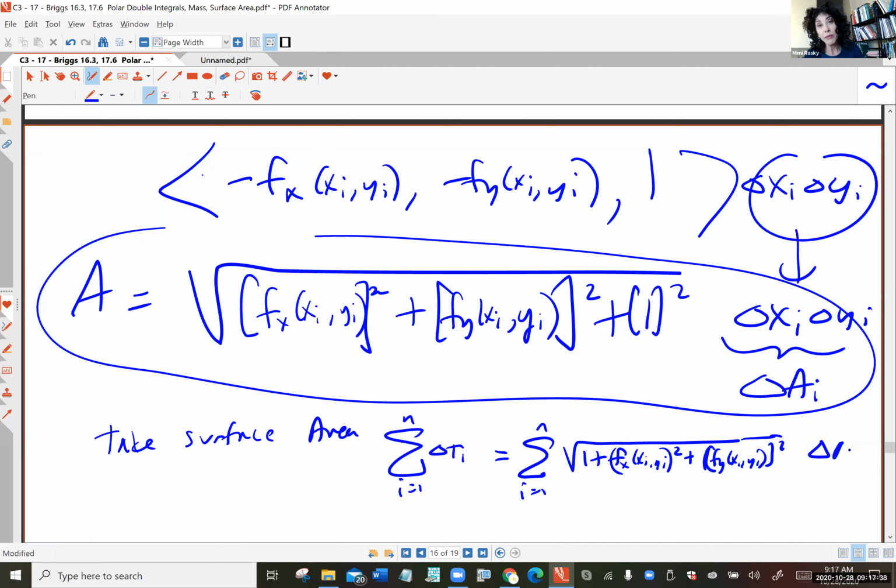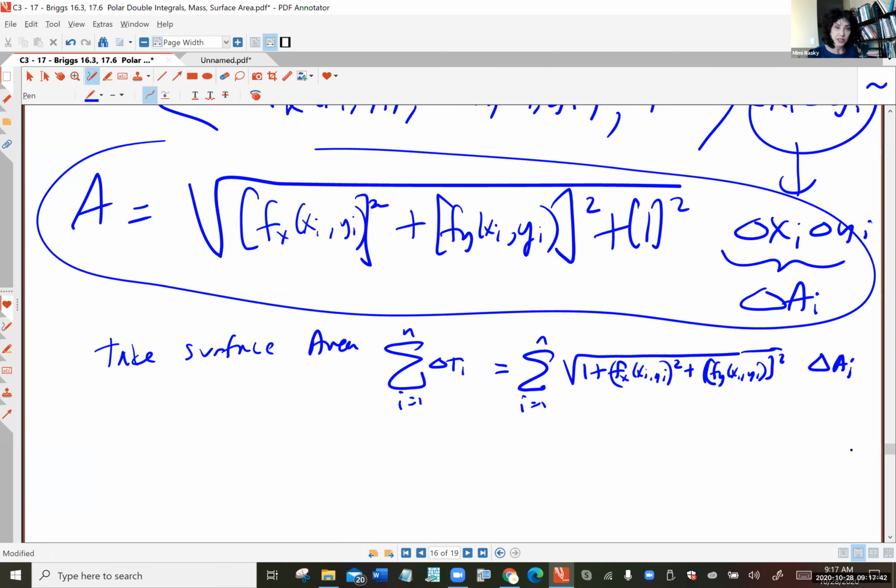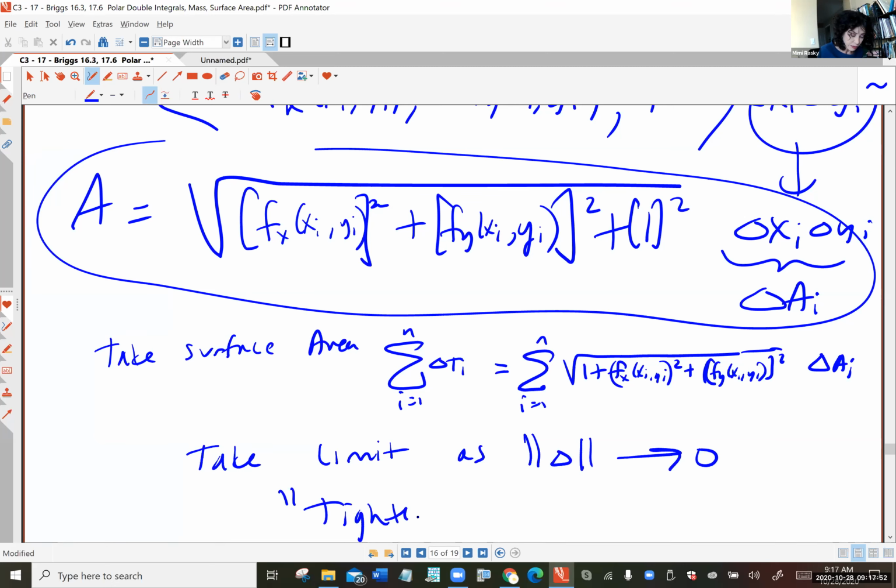And then when you take a limit, as the partition tightens up, those little itty bitty rectangles, and this is what the mathematicians say, take the limit as the norm of your partition goes to 0, and this just means tighten up your partition.